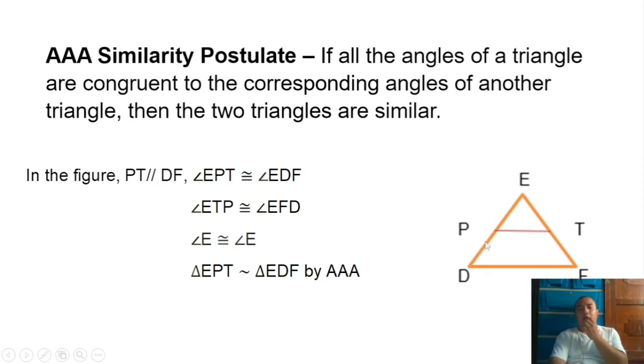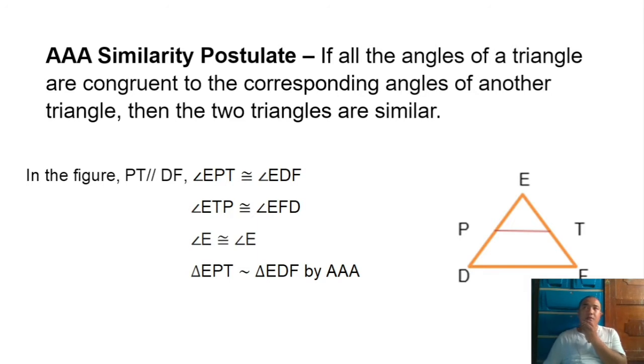Angle E is congruent to angle E. Therefore, triangle EPT is similar to triangle EDF by the AAA similarity postulate. So all their corresponding angles are equal, therefore they are similar.